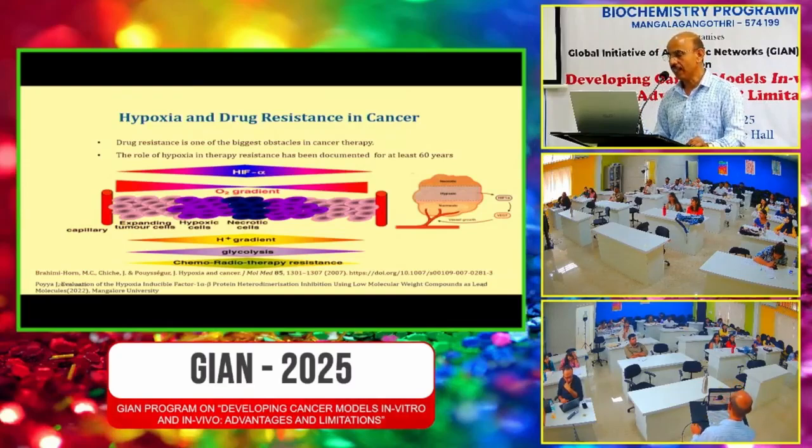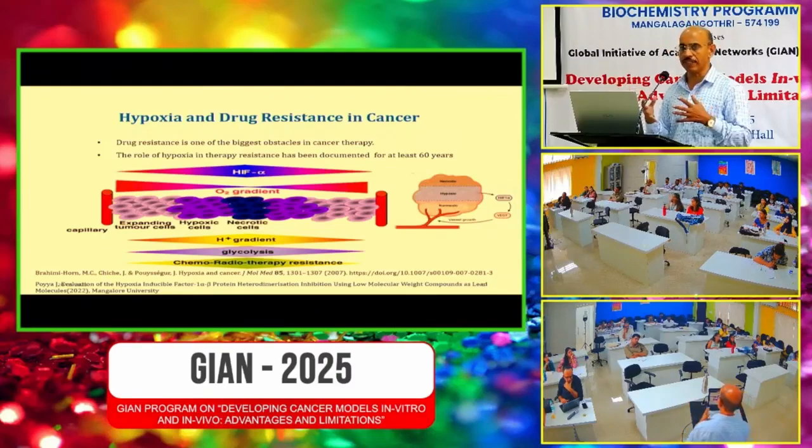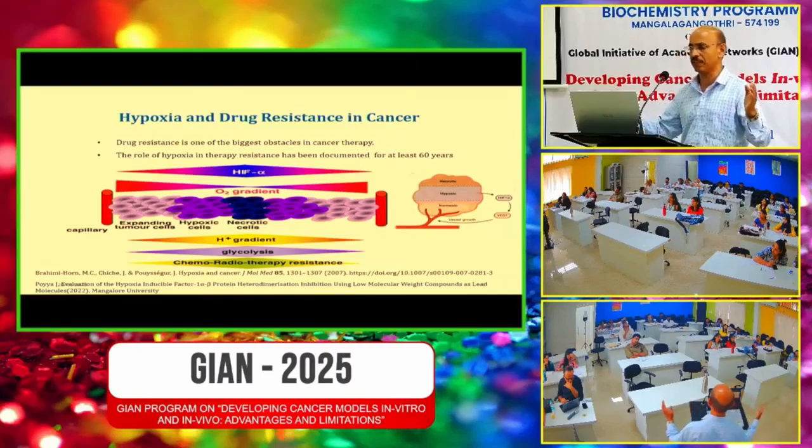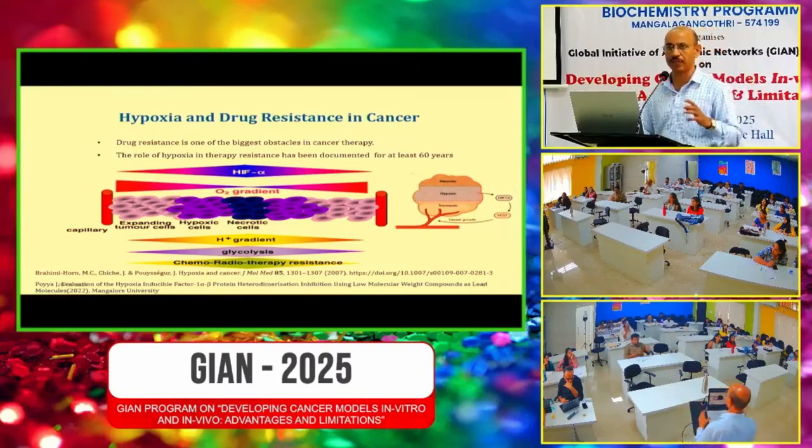As the cancer cells divide, they start accumulating, and as they accumulate, they are far away from the blood vessel which supplies the nutrients and oxygen. I am not going to tell you exactly how much distance or what way.